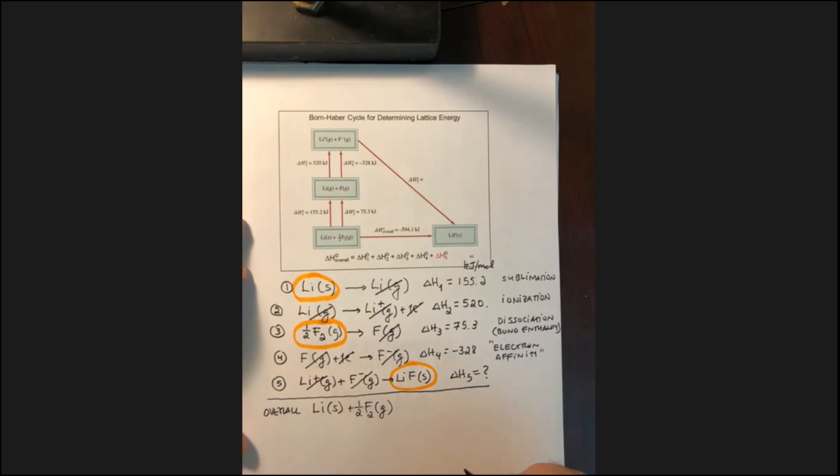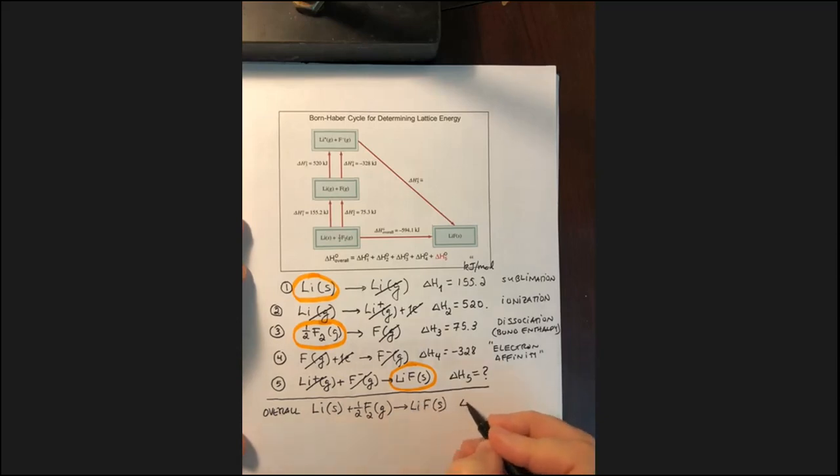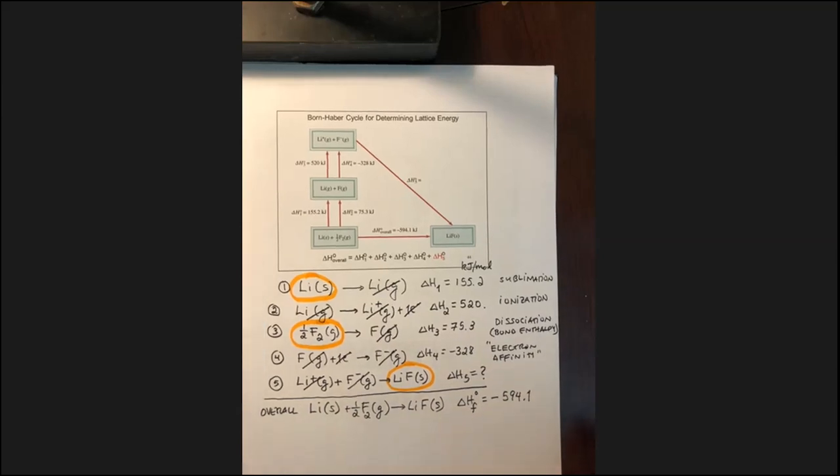Don't forget that when we say fluorine without any other qualifiers, we imply that it's F2. And we're forming lithium fluoride solid. We know that this delta H is the delta H of formation of lithium fluoride, which is minus 594.1 kilojoules per mole. So remember, this is essentially Hess's law, but specifically in this case, we call it the Born-Haber cycle.